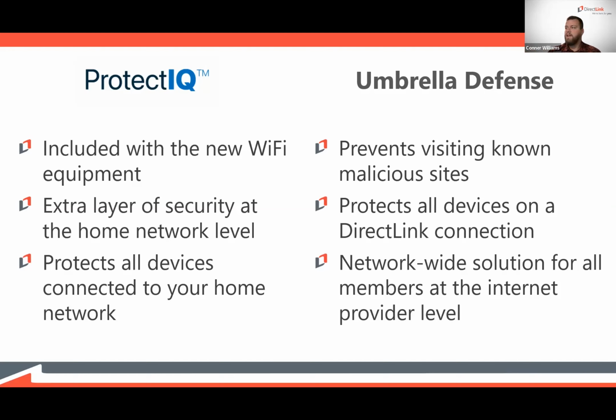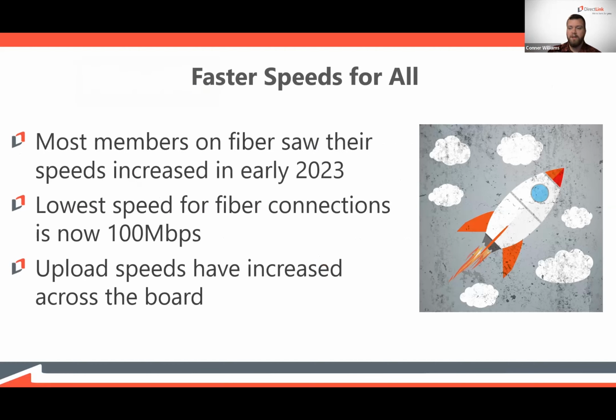What this does is it can prevent you from accidentally visiting a website with known malicious content on it, like fake ads that are running, malware scripts and things like that. So we have 2 layers of protection. We want to make sure that our members are safe online and they can do what they want when they want. So you can rest assured that you and your family and all your devices are secure, and you have that extra layer of security through Protect IQ with the new OMNI equipment.